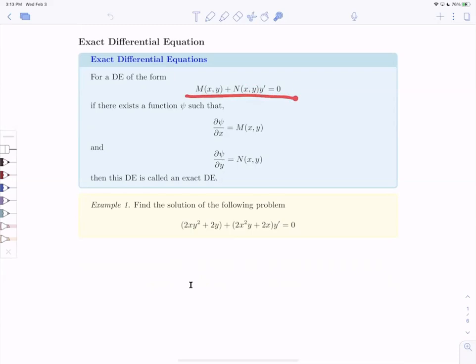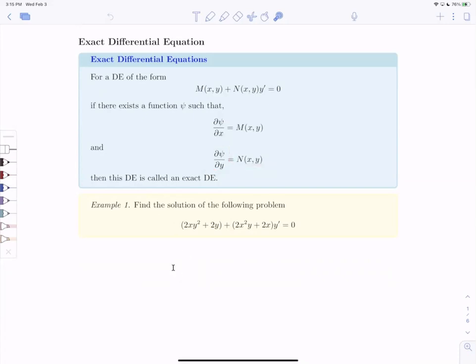So if you see something like this equals 0, and there exists a function phi such that the partial derivative of phi with respect to x equals M(x,y), and the partial derivative of phi with respect to y equals N(x,y), then this differential equation is called an exact differential equation.